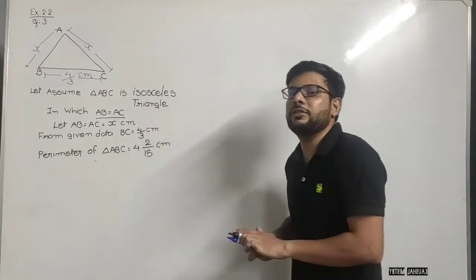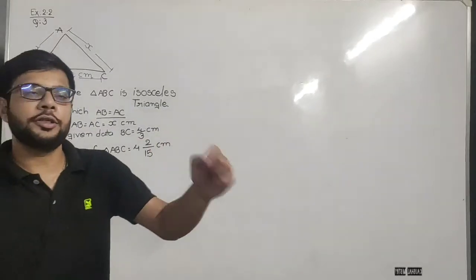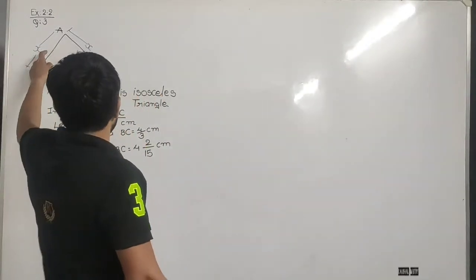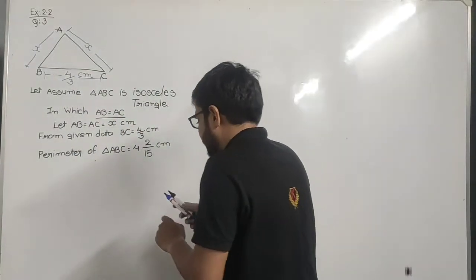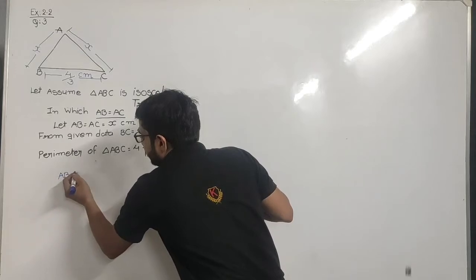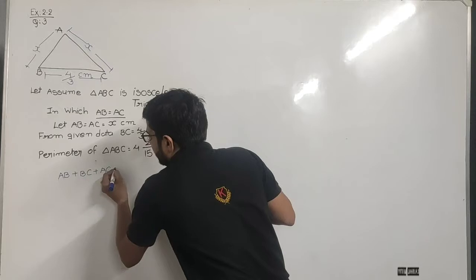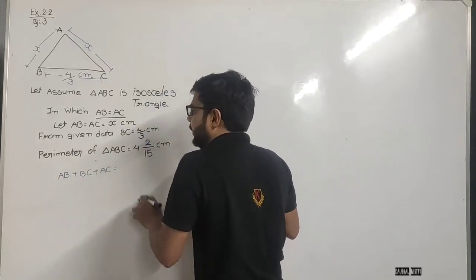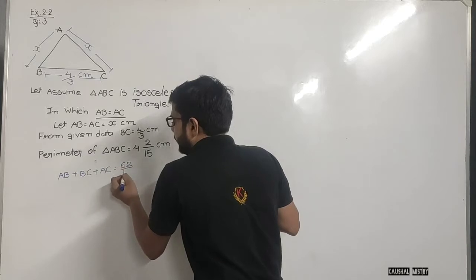Now perimeter means the sum of all three sides, that means AB plus BC plus AC. So the perimeter of triangle ABC will be equal to AB plus BC plus AC. 15 4s are 60, 60 plus 2, that is 62 upon 15.